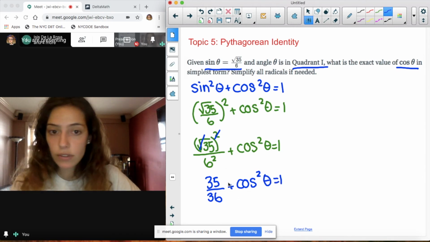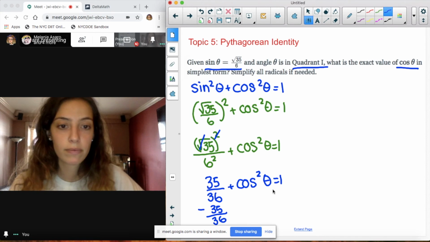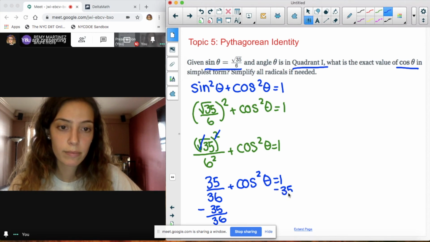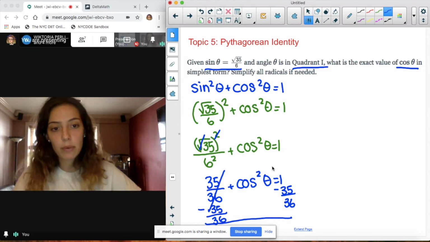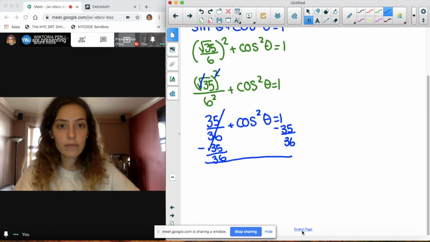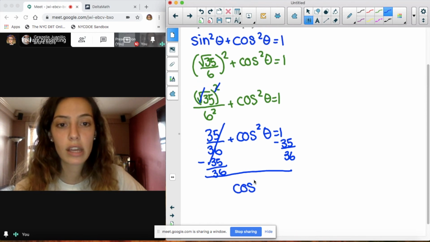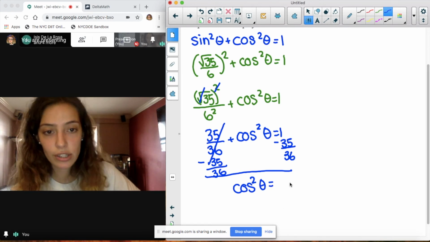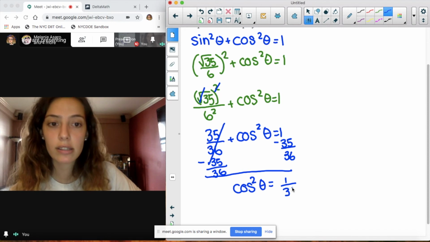And now we solve. So to solve, we subtract 35 over 36 on both sides. When we do that, that will cancel out and we will be left with cosine squared theta is equal to 1 minus 35 over 36, which is 1 over 36.